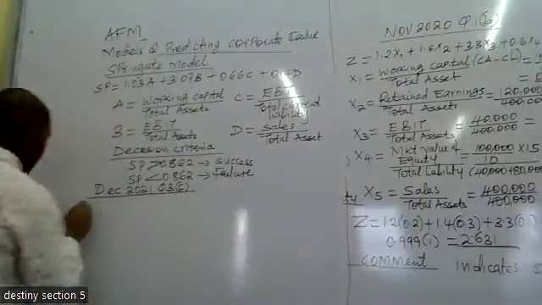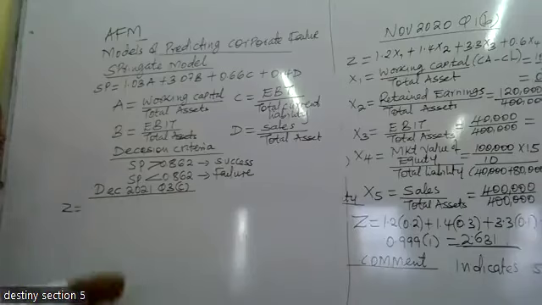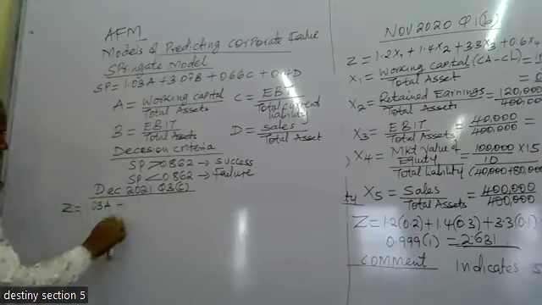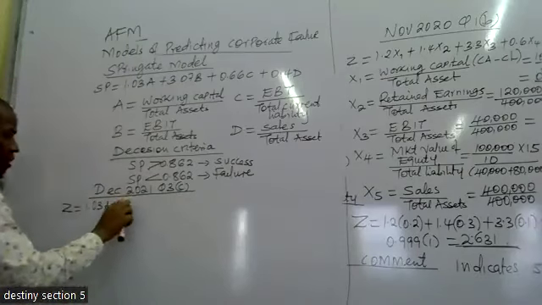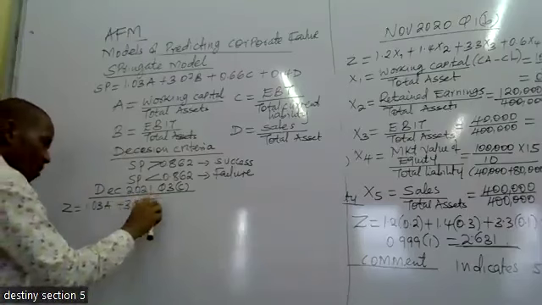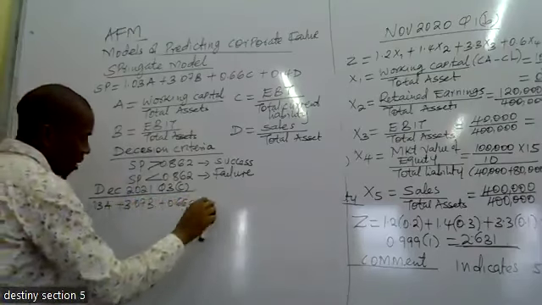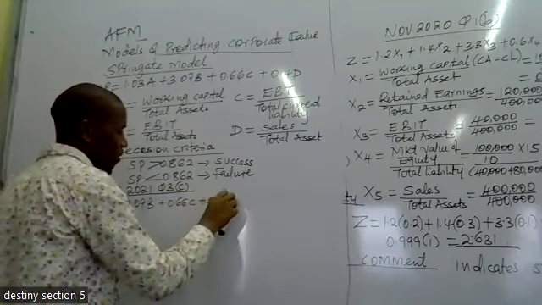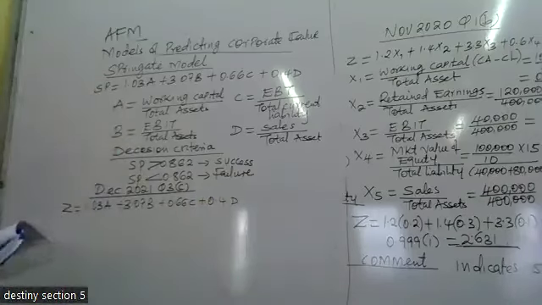And when you use the Springate model, we've been given there 1.03A plus 3.07B plus 0.66C plus 0.4D. Then they have given you the formula.